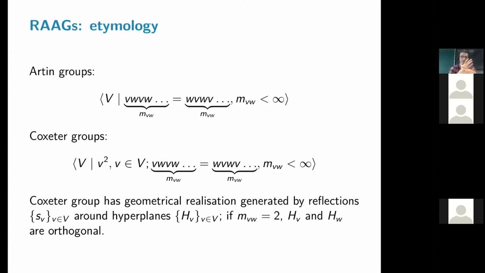So this explains the name right-angled Artin groups, because for Coxeter groups corresponding to just a graph with labels 2 and infinity, all hyperplanes will be orthogonal to one another if they are connected by an edge. So this explains why we speak of right-angled Artin groups in this specific case.